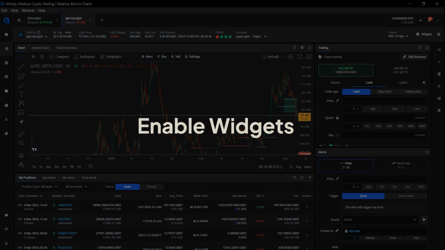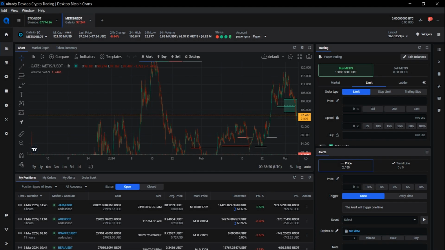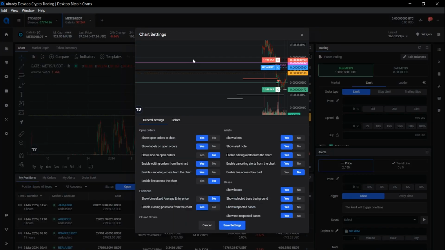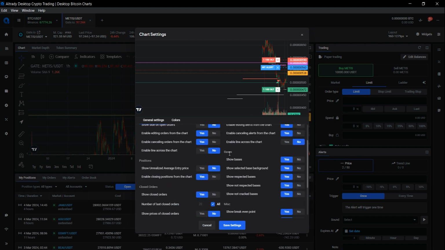Enable widgets. With Altrady, using the base trading strategy becomes seamless as we provide predefined bases for you. To activate this feature, click the Chart Settings button. Make sure all categories under bases are set to Yes, and click Save Settings.